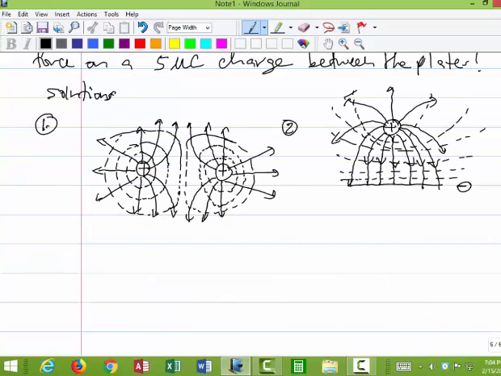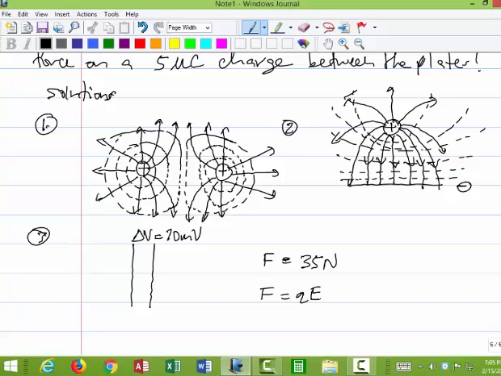And then the third exercise there, we have a parallel plate capacitor with 70 millivolts between the plates. So force is given by Q times E, right? And what is the electric field between the parallel plates of the capacitor?